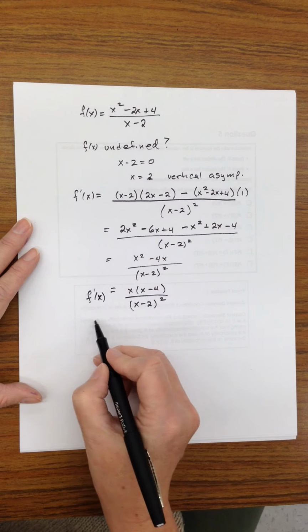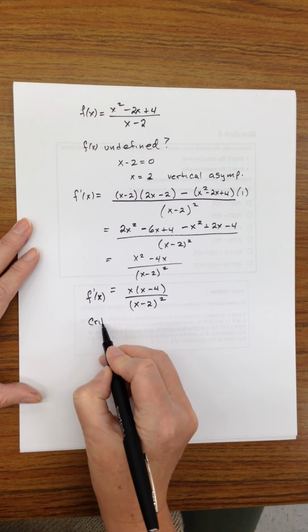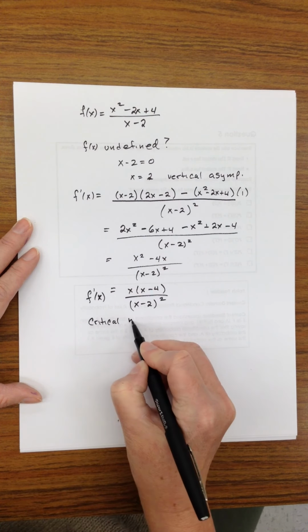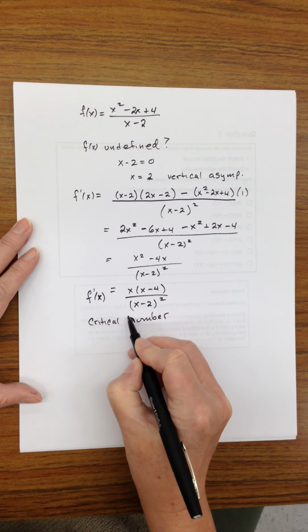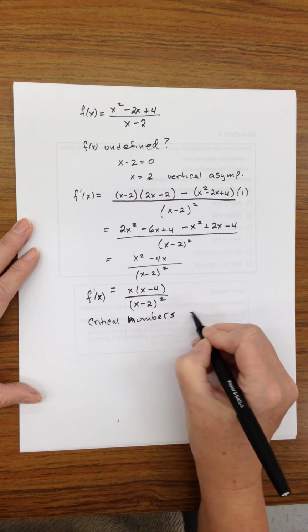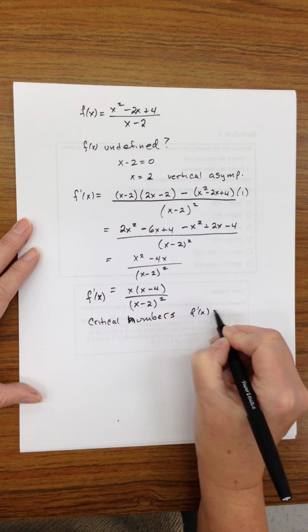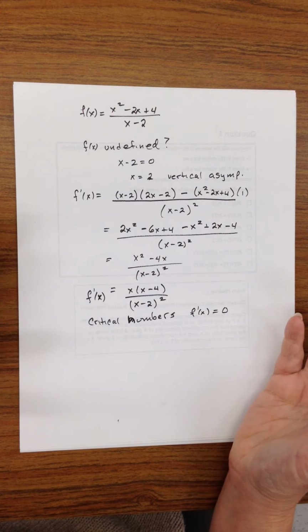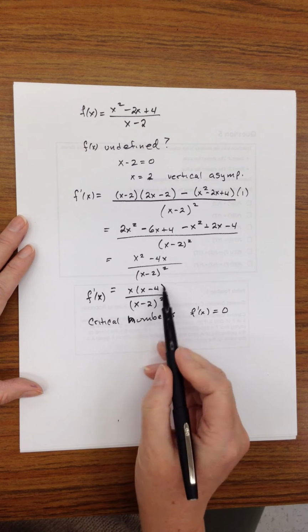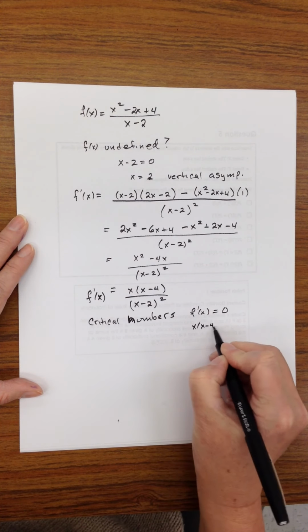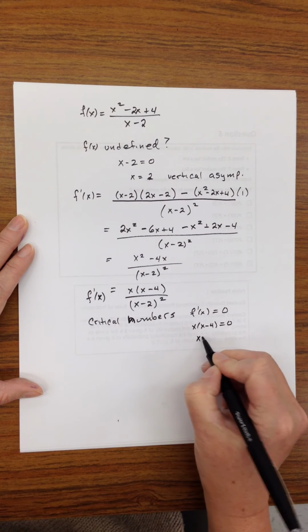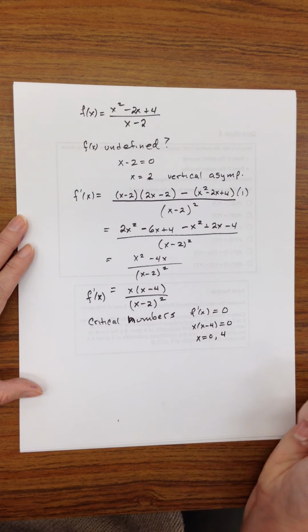Instead, we do have critical numbers when the derivative is equal to 0. A fraction equals 0 when the numerator is equal to 0. So x times x minus 4 equals 0 at x equals 0 and 4.